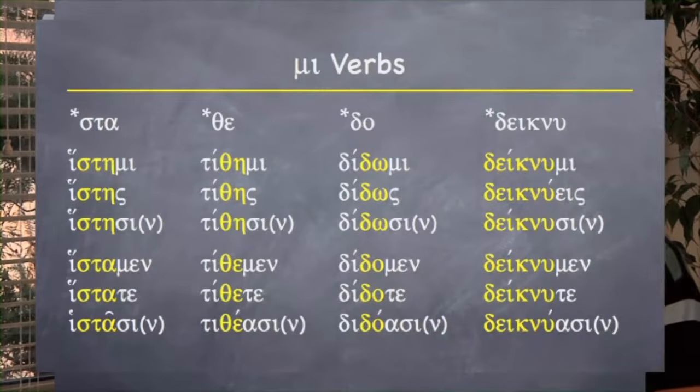And again, if that's too much for you to learn, just memorize tithemi, and it's from the root the. So take a look at the forms. You get tithemi, tithes, tithesi, and then you have to shorten that final stem vowel, and you get tithemen, tithete, tithеasi. So take a look at that chart, and it's really regular, isn't it? Once you know the rules.